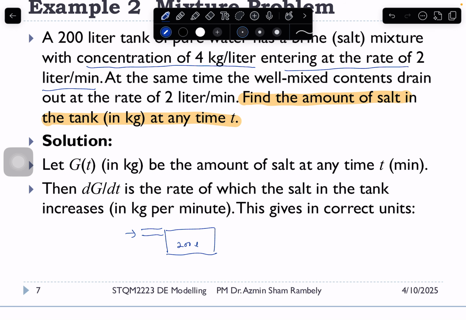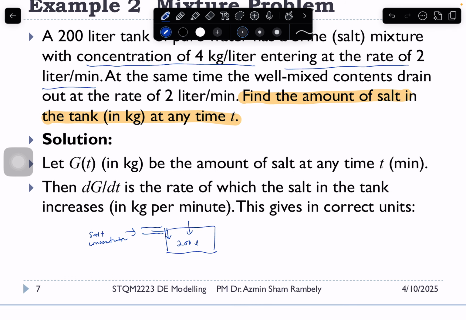Once the salt solution goes in and we stir it, the well-mixed content is drained out at a certain rate.